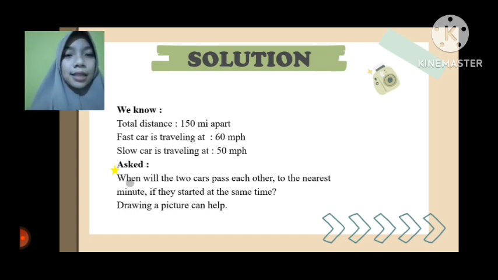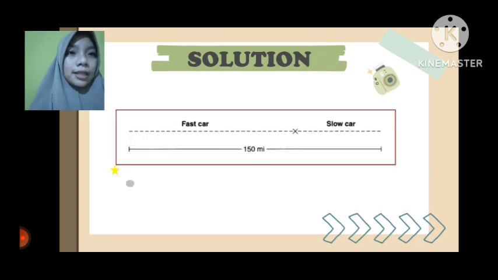Thus, when will the two cars pass each other, to the nearest minute, if they started at the same time? Drawing a picture can help. It's the hint for us. This is a visualization. We draw a picture: a fast car, a slow car, and x is the place they pass each other.